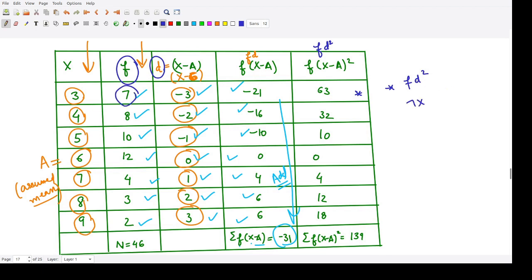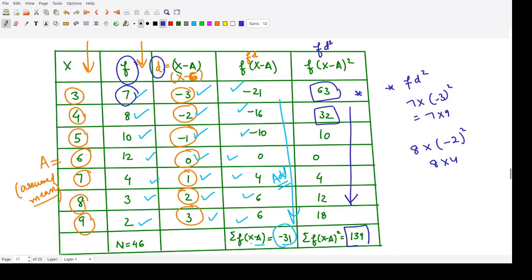D is minus 3. So minus 3 whole square, so it is 7 into 9, that is 63. So this is the first quantity. For the second quantity, it is 8 into minus 2 square, so that would be 8 into 4, that is 32. And so on. So you complete this column in this way and add up all the quantities.